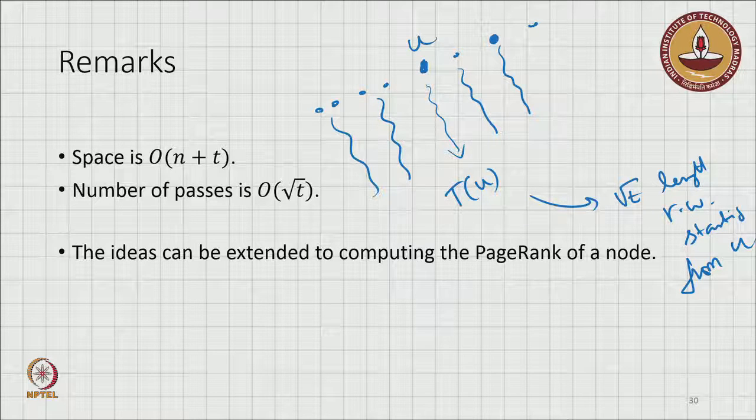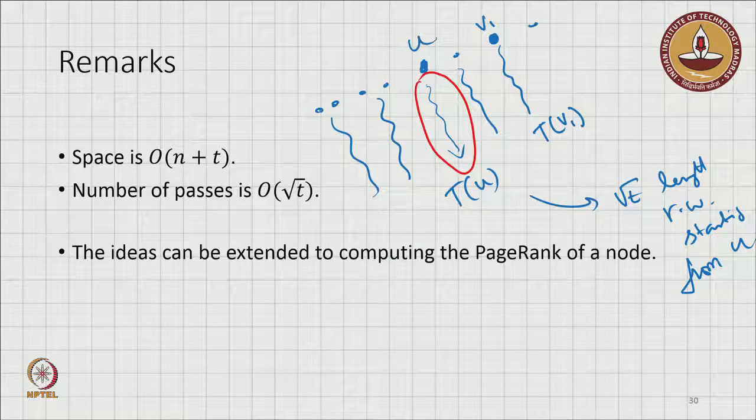So tu is basically again one of the vertices in the graph. Let us say that is v1. The thing is, we also have computed t of v1. So what we can do is take this random walk and stitch it with this random walk.